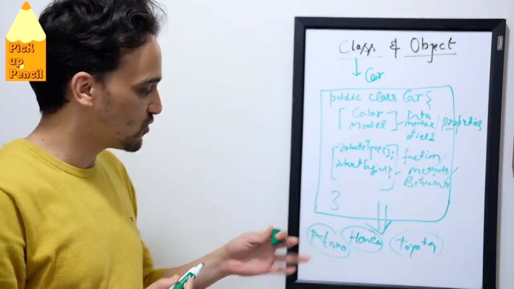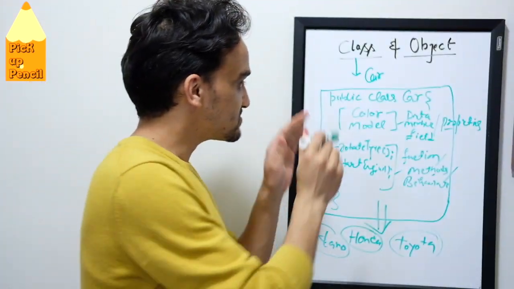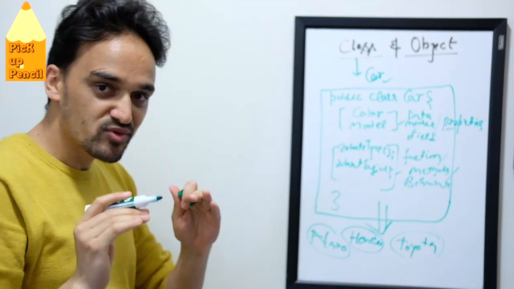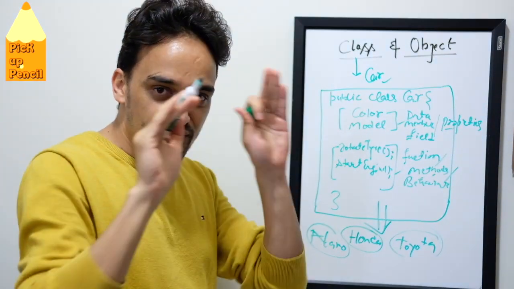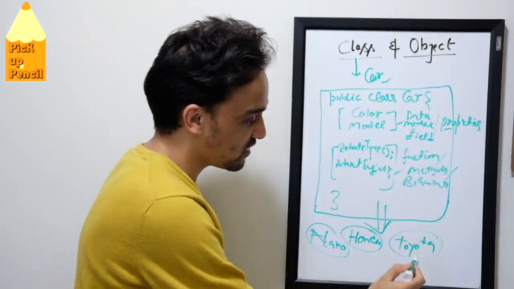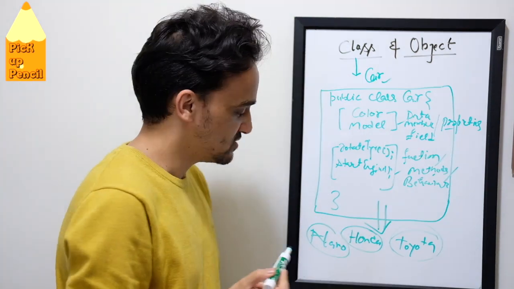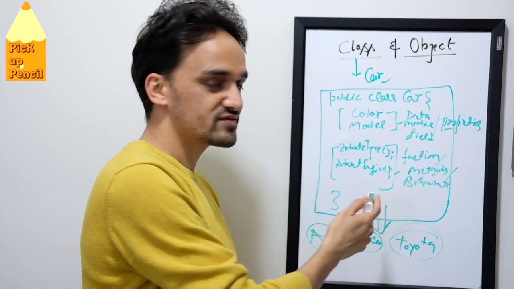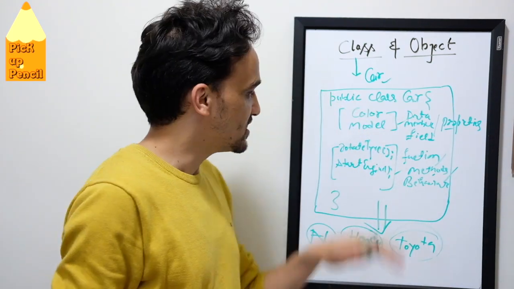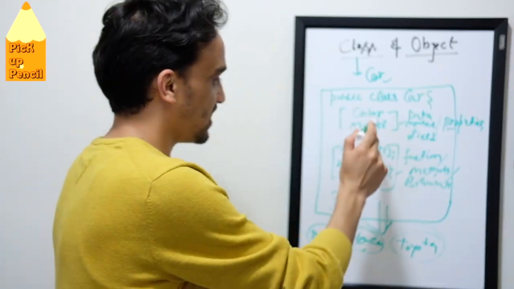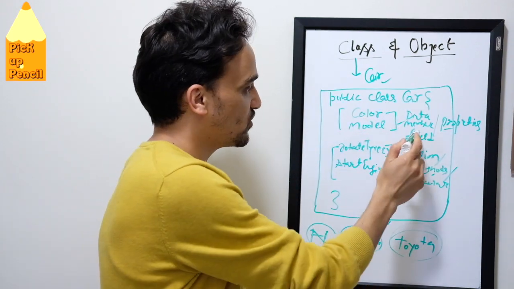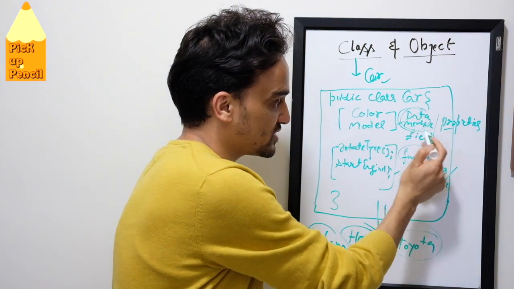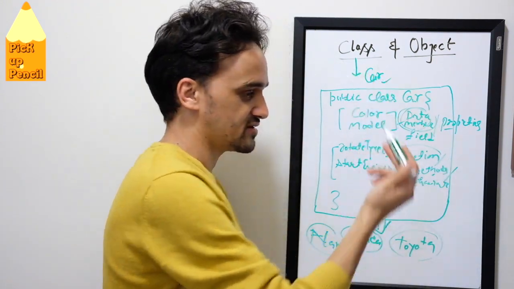So this is how we can understand that the class provides a structure, a prototype, or a blueprint for the object. These are the objects which are going to be created out of the car class. And the most important thing is any class will have data members and functions. This is also called state and this is called behavior, right?